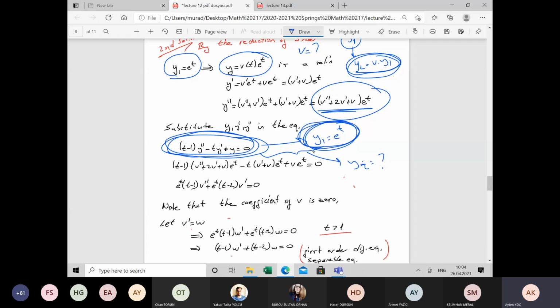Using this solution and reduction of order, because y sub 2 is equal to v times y sub 1, if we get v, then we obtain y sub 2. Any question?